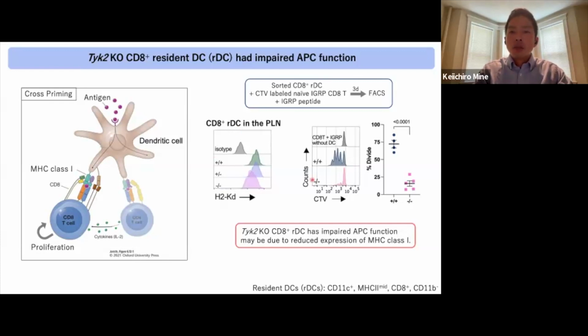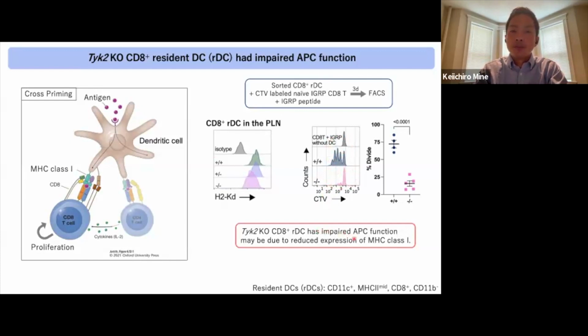TYK2 knockout CD8 positive resident DC showed reduced cross-priming of CD8 T cells compared to TYK2 wild type CD8 positive resident DC. These results suggest that TYK2 knockout CD8 positive resident DC has impaired APC function, maybe due to reduced expression of MHC class 1.